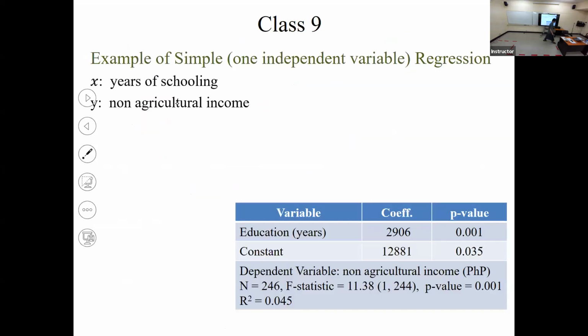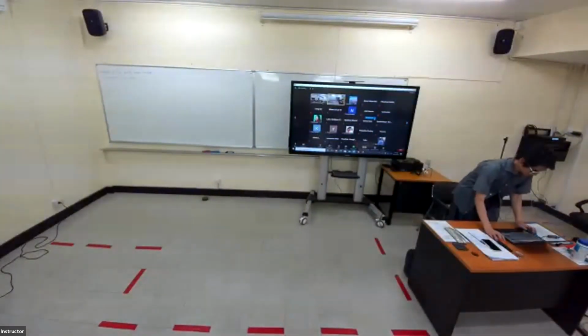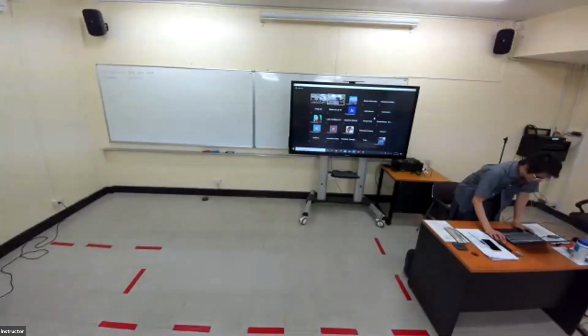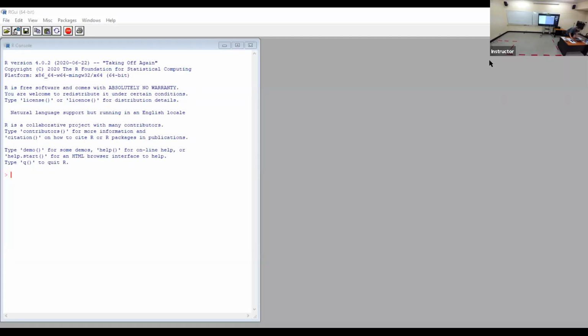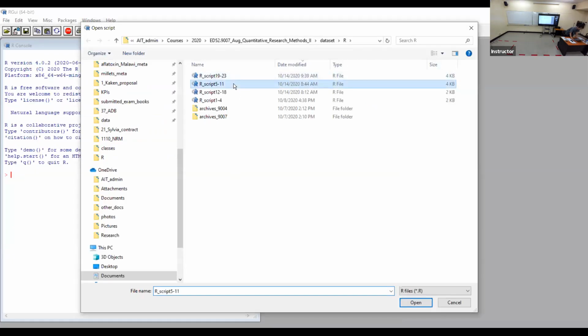Okay, so let's go to R. Please open R. After opening R, you open the script file, right?